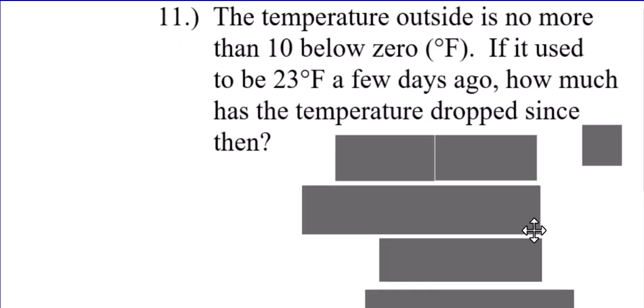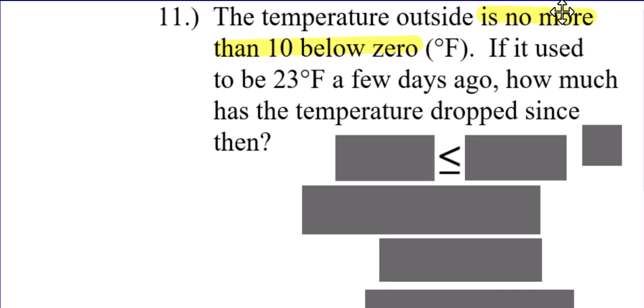Let's see how you did on problem number 11. Did you find the words that meant the inequality symbol? It was the phrase "is no more than" 10 below 0. And I like to always highlight the number that comes next. So, if it's no more than, then that means it cannot be more than. Therefore, it should be less than or equal to. Now, where do I put this 10 below 0?